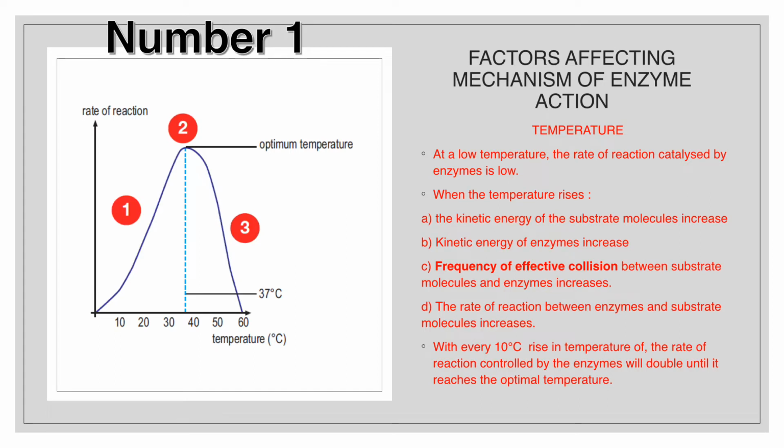Hence, the rate of reaction between enzyme and substrate molecule increases. With every 10 degrees Celsius rise in temperature, the rate of reaction controlled by enzyme will also double until it reaches the optimal temperature. You can see the optimum temperature is labeled in the graph.